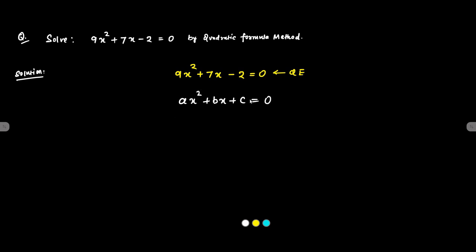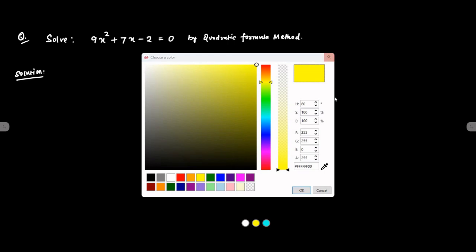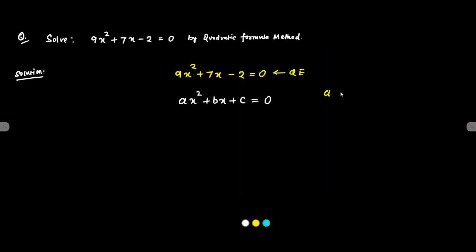If we compare the standard format with the given quadratic equation, we will have a equal to 9, b equal to 7 and c equal to minus 2.